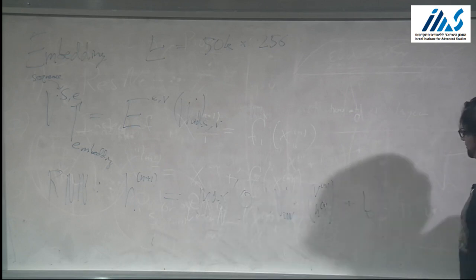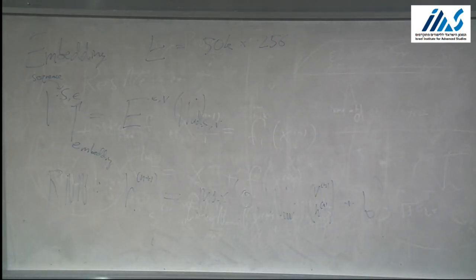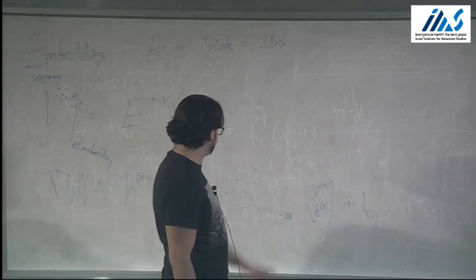So what's going on here? Well, what the recurrent neural network does is it starts out with some initialized H, say H equals 0.